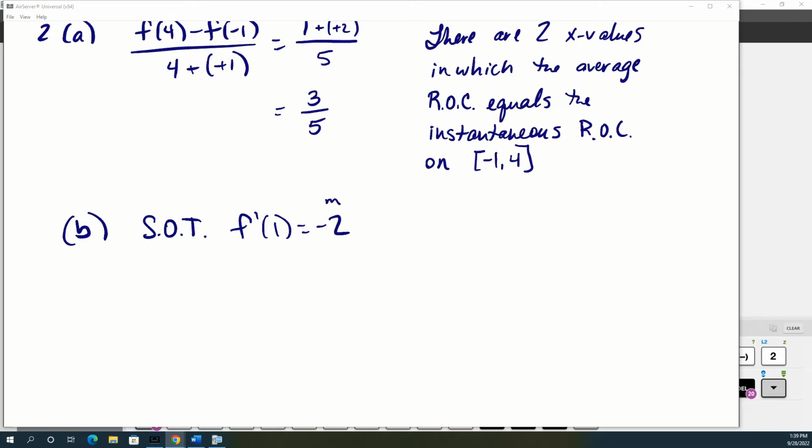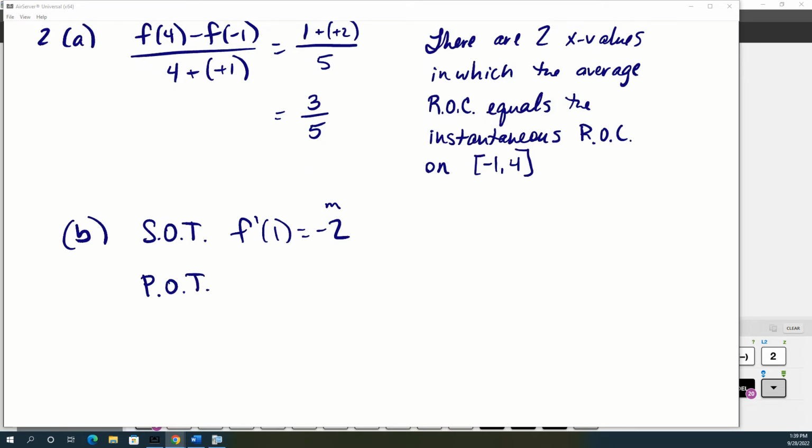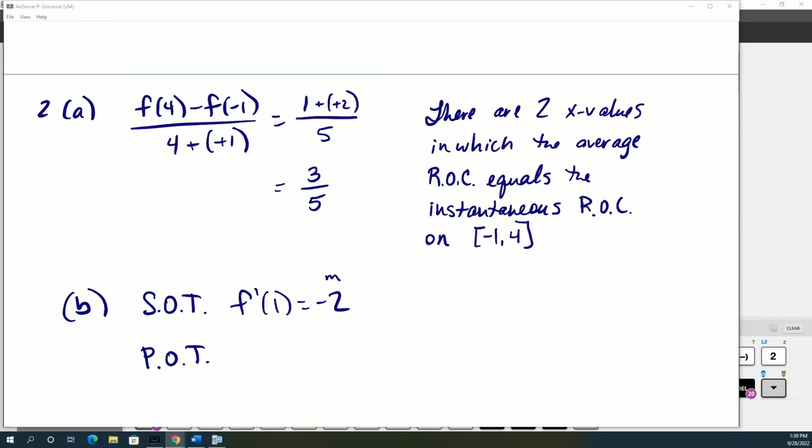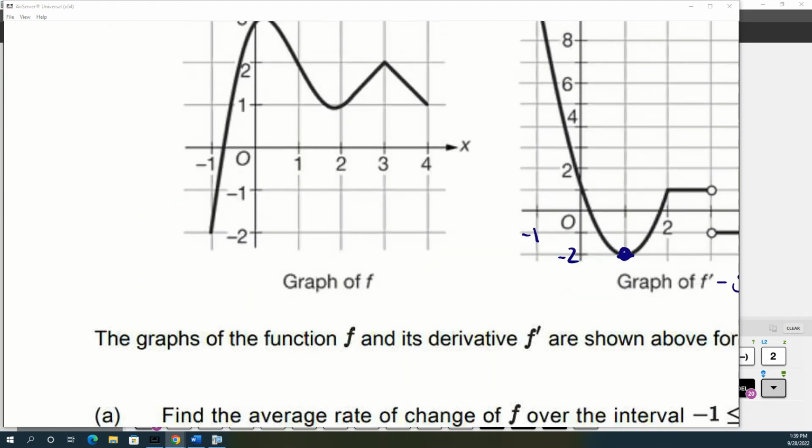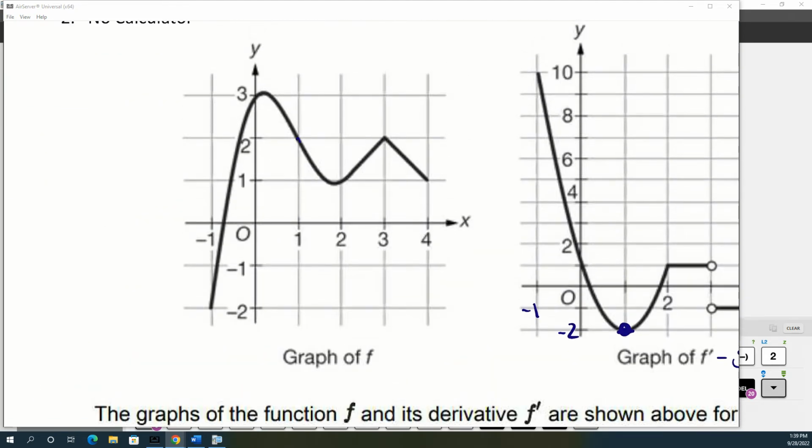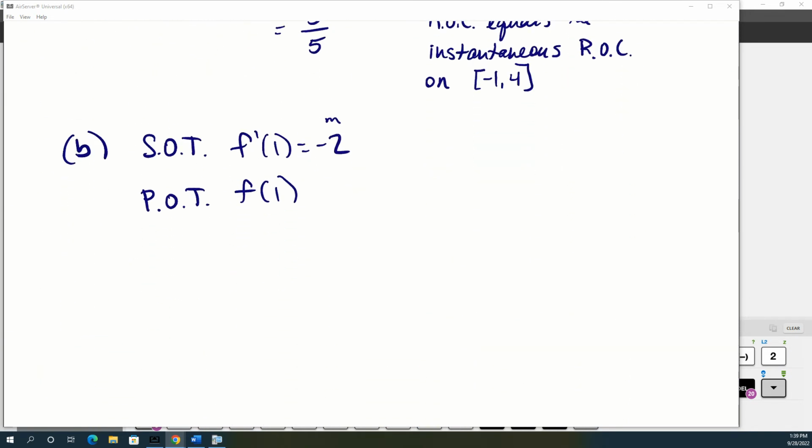All right, the other thing we need for the tangent line is the point of tangency. So with that one, we would go to f. We would want to find f of 1. f of 1 is 2. So you could write it that way, or you could write it as an ordered pair where this is x1, that's y1.